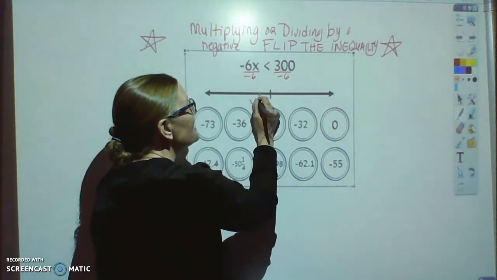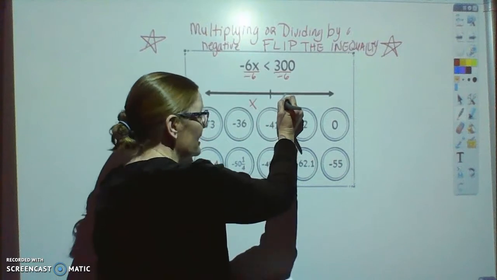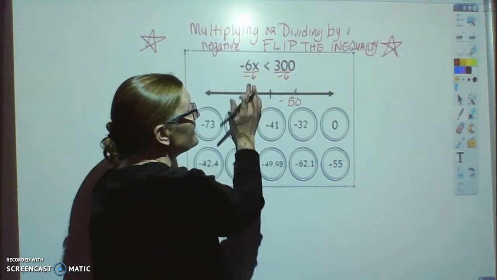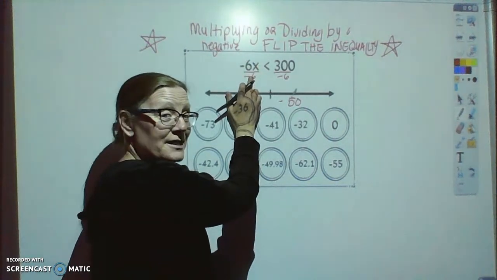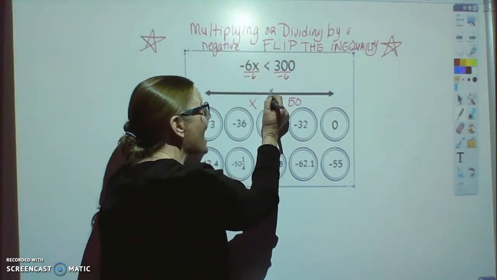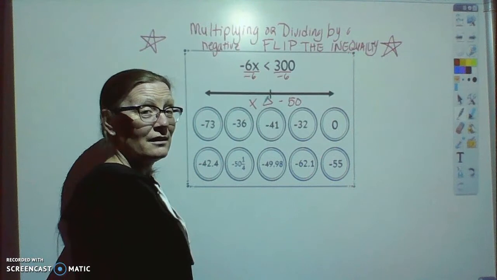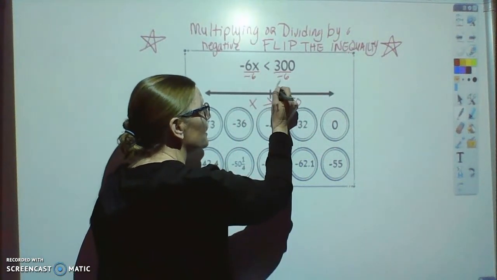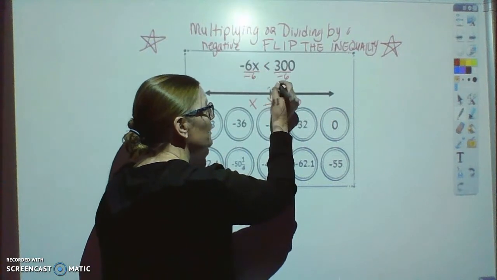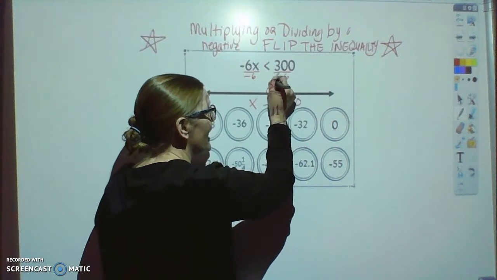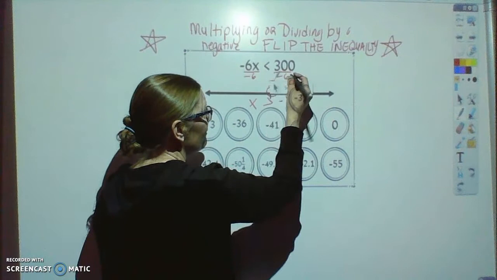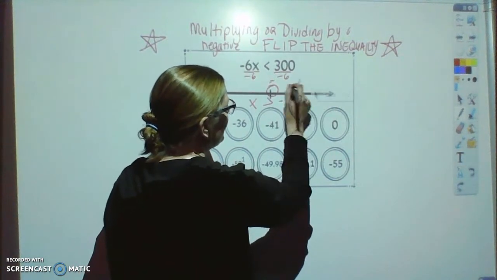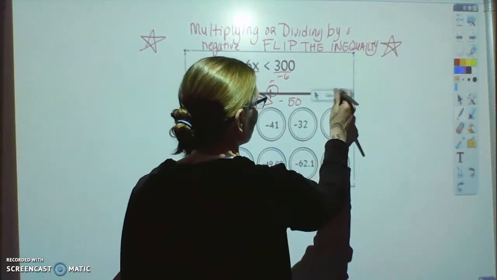Now the answer becomes negative 50. The signs change, right? Because I'm dividing by a negative. I have to flip the inequality. So my answers that are going to make this original inequality true is going to be when x is greater than negative 50.